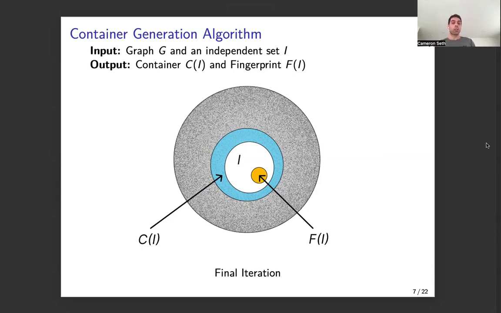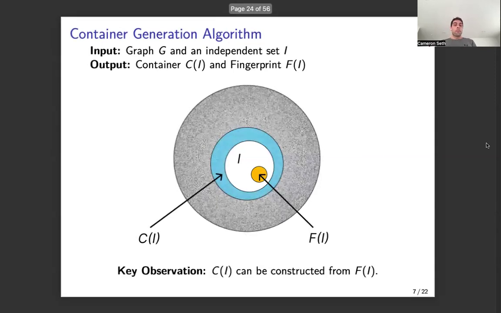Now, there's one very important observation here. The container is a function of the independent set. But based on this encoding view, if I just give you the fingerprint, you can determine exactly what the container is.